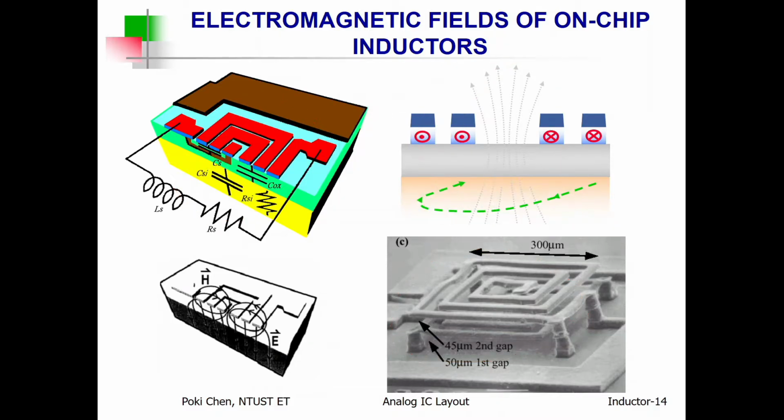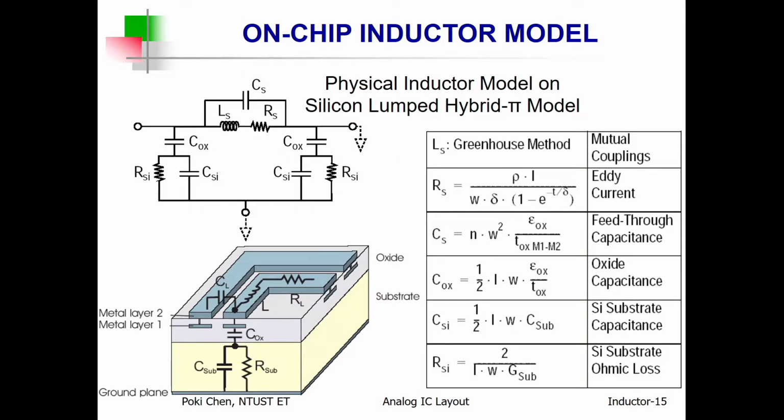Again, please pay attention to CS. CS is a parasitic capacitance between the top layer and the underpass. Okay, and I told you already, such kind of CS actually will reduce the self-resonance frequency very, very much. That is really bad.